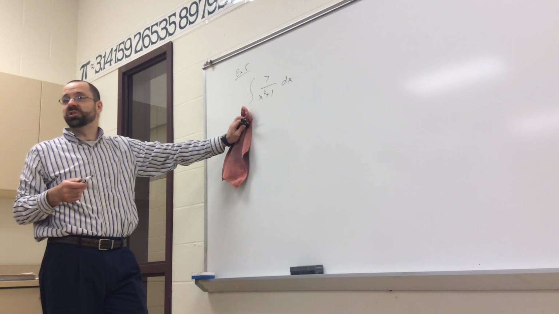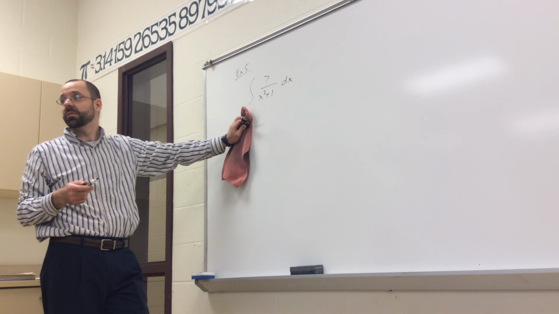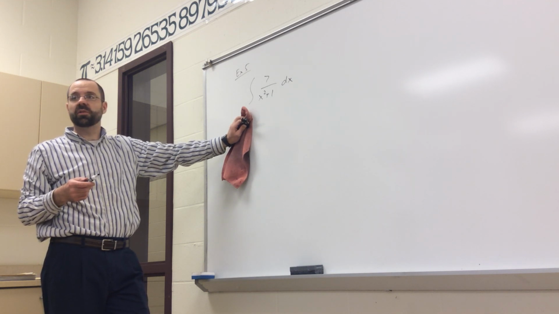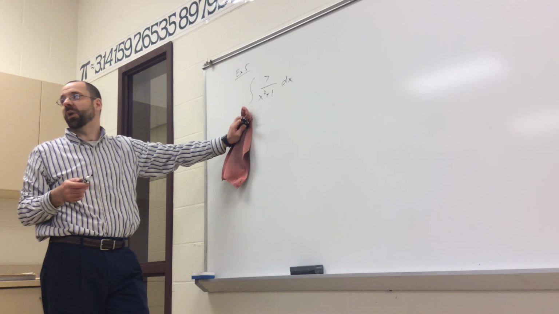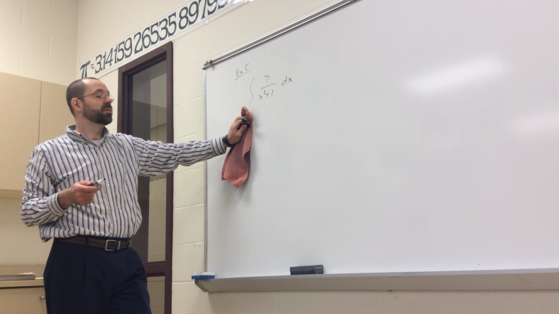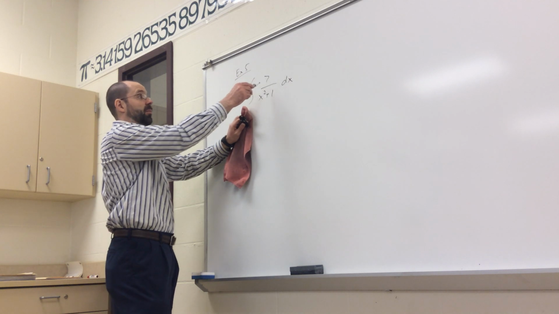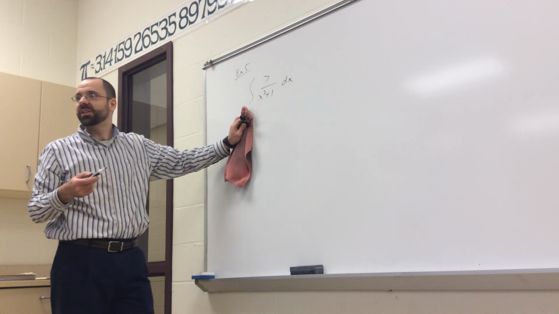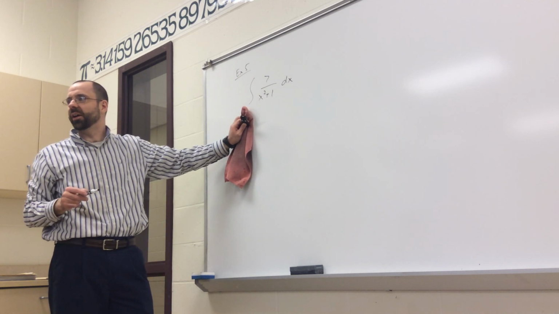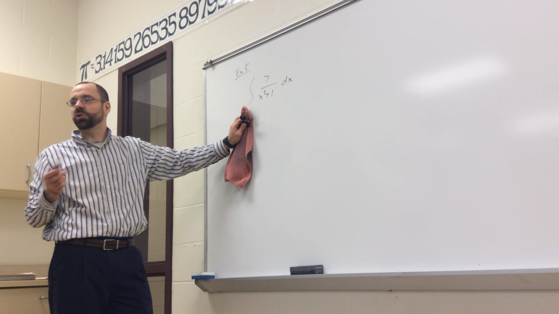So what do you think about u substitution? The derivative of x squared plus 1 is 2x, right? So if that was a 2x on top, or even a 7x on top, then the x's would go away, right? So u substitution is not the way to go.